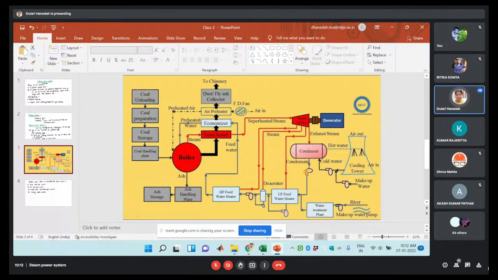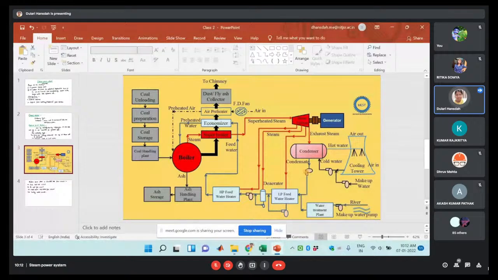Generally, most thermal power stations or steam power stations use solid fuel, that is coal. Different types of coal can be utilized as per the availability and the efficiency of your power plant.